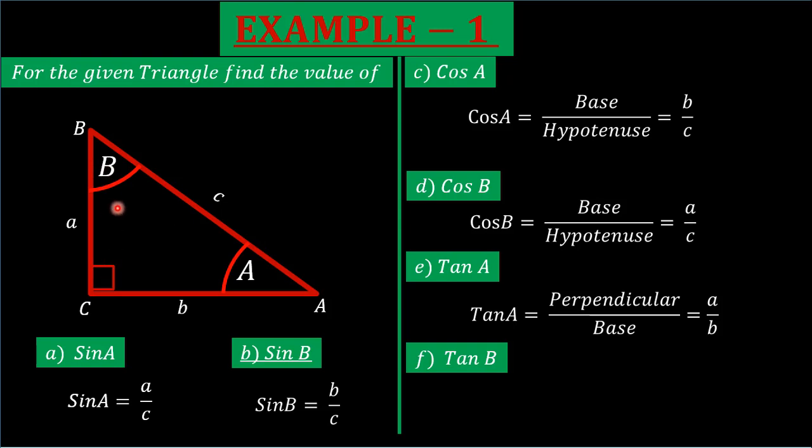So the tan of B should be equal to, through proper, perpendicular over base, meaning b over a. This is how, students, you learn to find the ratios of different trigonometric functions like cos, sine and tan.